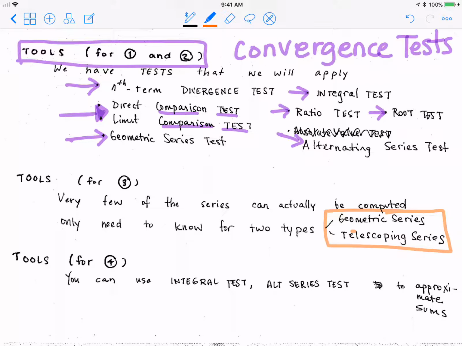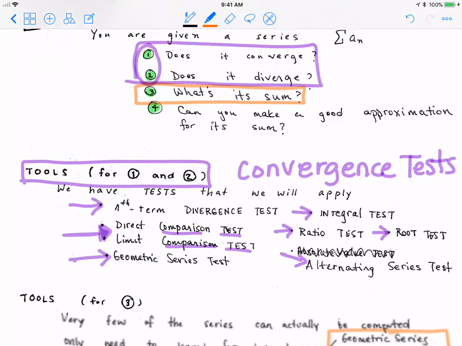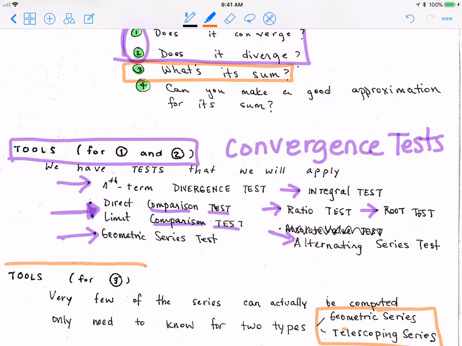So if there's a question on the test that says, find the sum, you automatically know it's either a geometric series or a telescoping series. Later on in the following module, where we work on power series, we'll be able to compute the sums for more types of series. But at this point, just starting out, we're just focusing on geometric series and telescoping series.